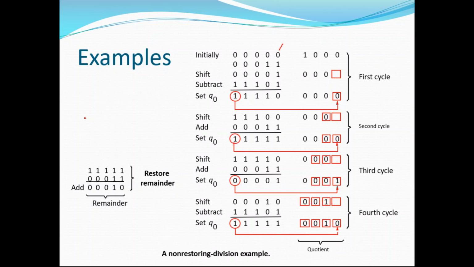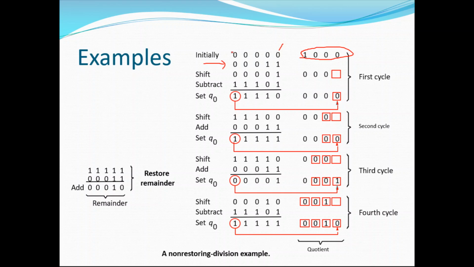So this is q, and this is the divisor, 0011. We added one more zero for the sign bit. Actually it's a 4-bit number, but the last zero is added for the sign bit.